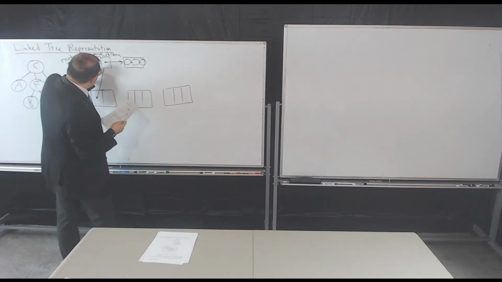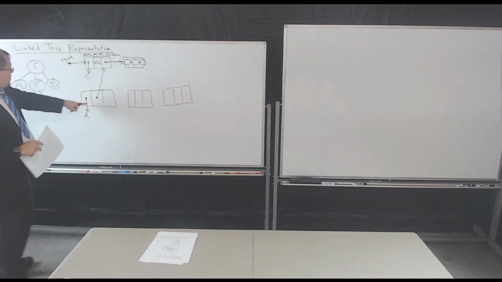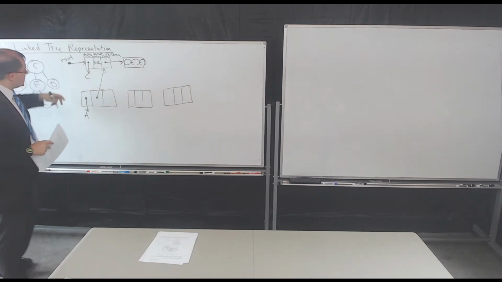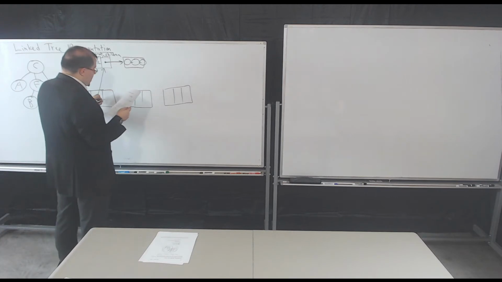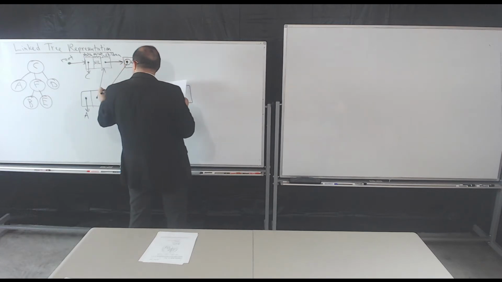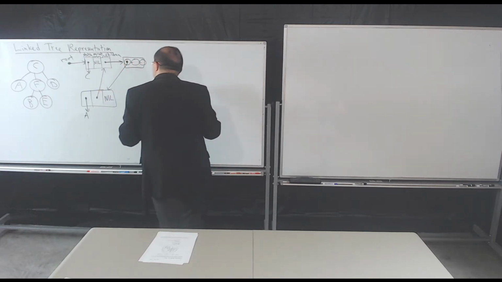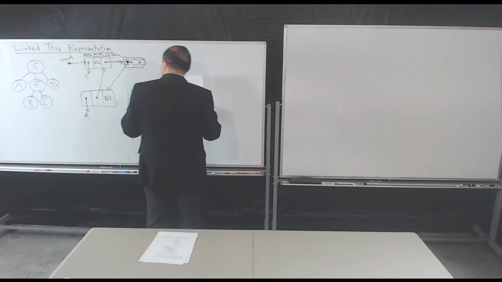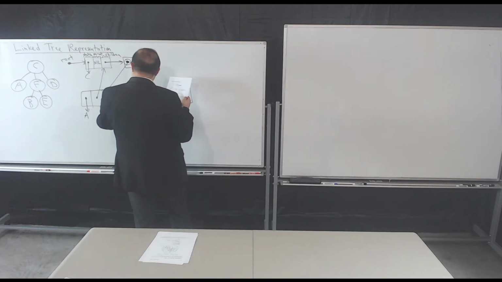So the parent of A is C. So my parent reference points up to the node that is C. And it has no children, right? But remember, this is still a child of the root. So I have a reference in my list to a node, which is A.